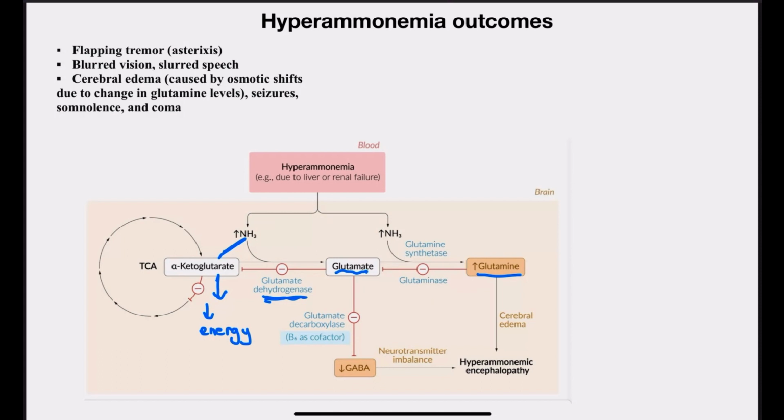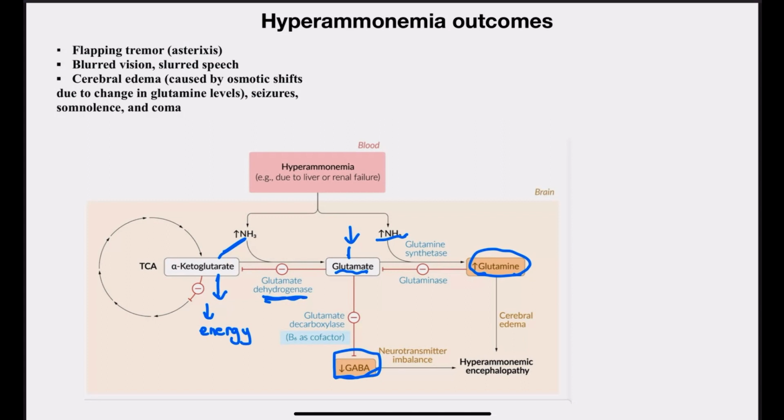And the other pathway: we have high ammonia levels here, and we have glutamate too. But what we do now is, through glutamine synthetase, we form glutamine. What this does is diminish glutamate levels. This becomes low, so we have diminished GABA levels. GABA is not present because glutamate is not present.